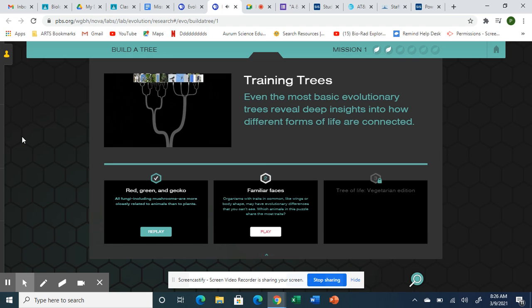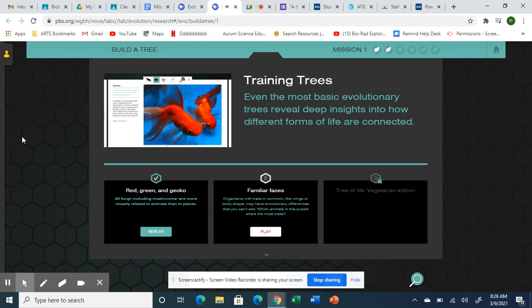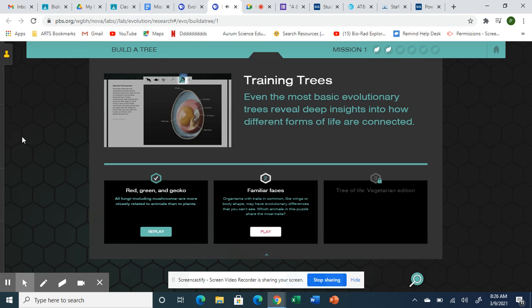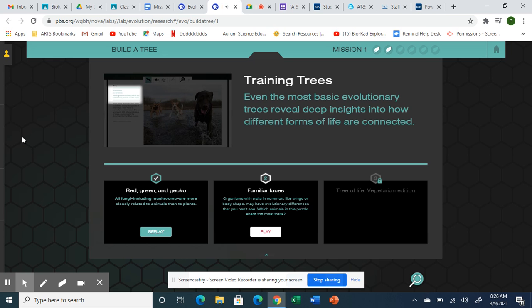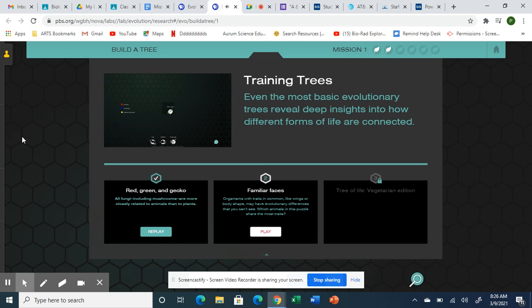Deeper branch points connect species that are more distantly related and have fewer traits in common. When you position a trait, that location on the tree corresponds to the common ancestor where that trait first arose. Earn up to 2 leaves in every puzzle, one for completing the tree and one for getting the quiz question right. The more leaves you get, the more complex you can make your fractal tree, which tracks your progress through the lab. After you finish each puzzle, you'll unlock the next one or open up a whole new mission, and you'll discover something about the living world pulsing all around you.